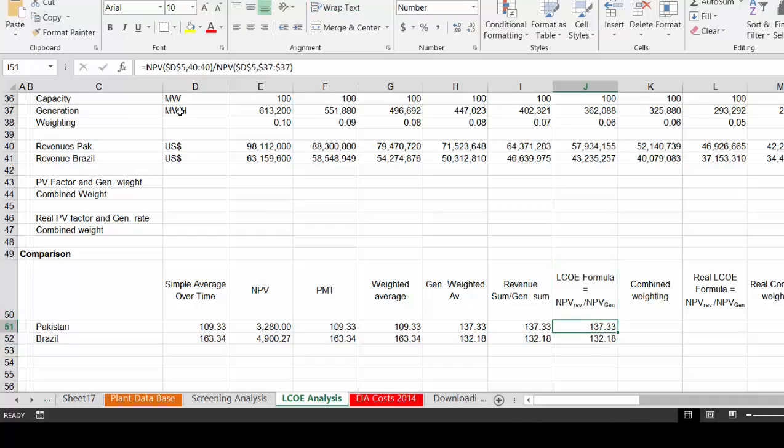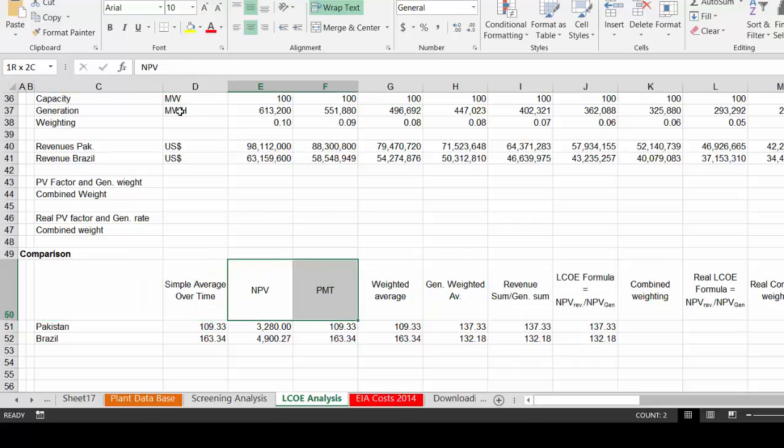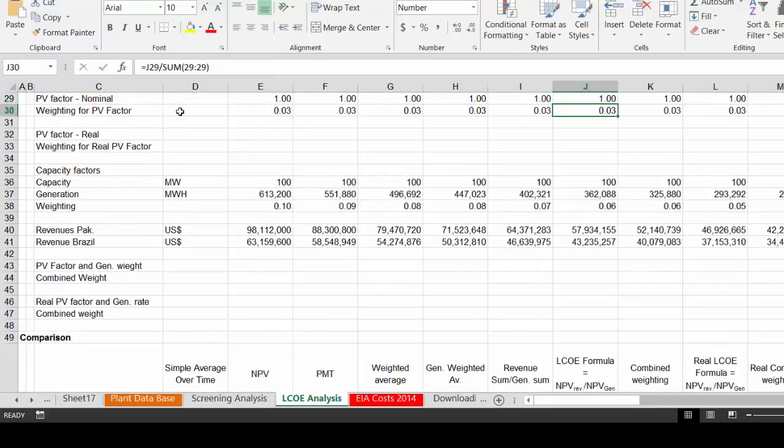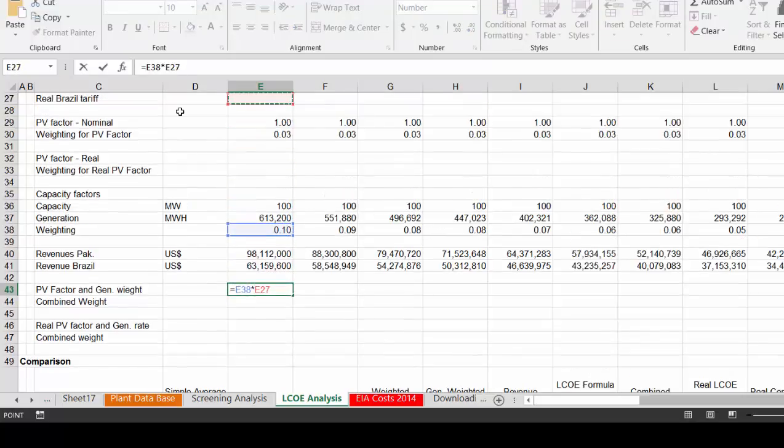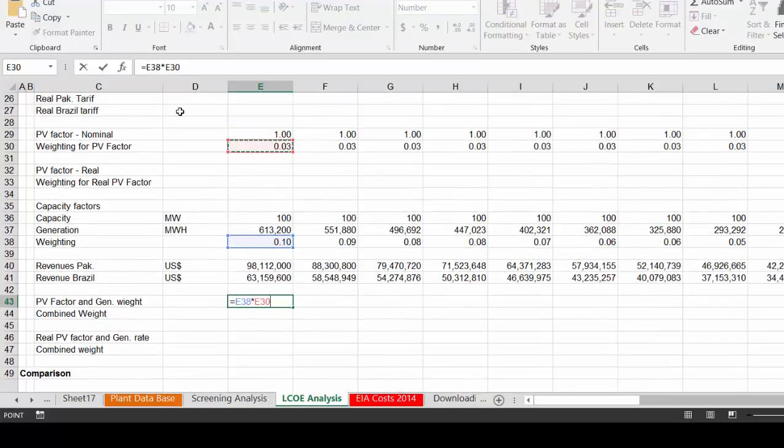Okay, now what we can do now is combine the process. These ones relate to the generation, these ones relate to the NPV, and we now can combine the generation and the weighted average. To do that, we just simply take account of the weighting for the generation, and it works if you multiply the generation weight by the PV weight.